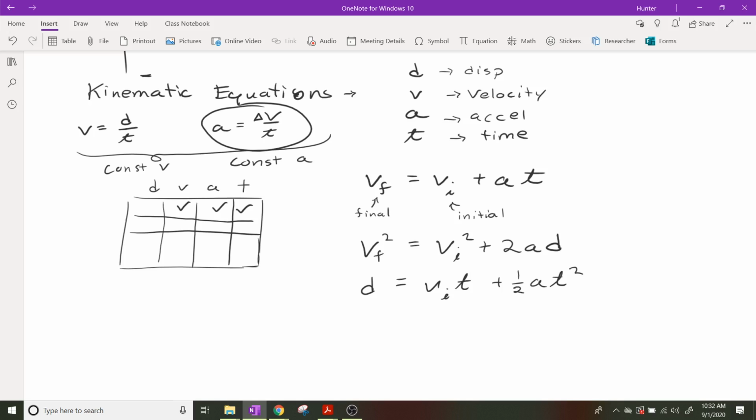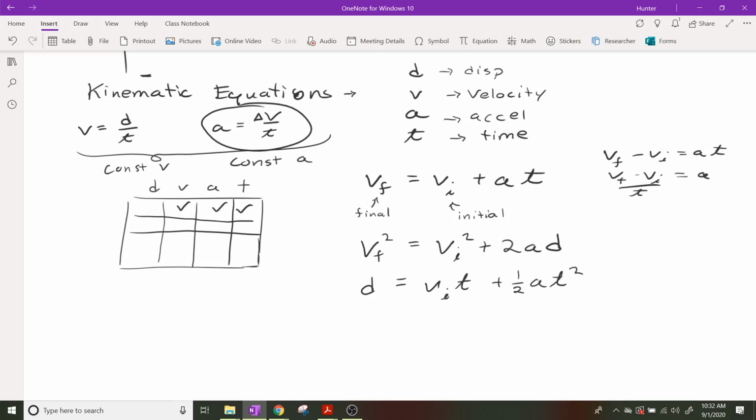If you rewrite this equation and solve it for acceleration, that would be Vf minus Vi equals At, and then acceleration would equal Vf minus Vi over t. Oh, that looks familiar. That's because it's that equation on the left side.